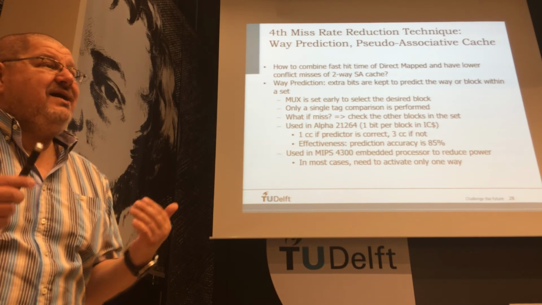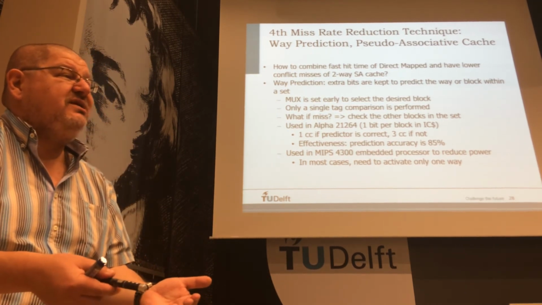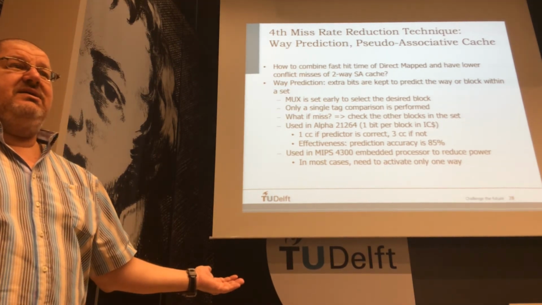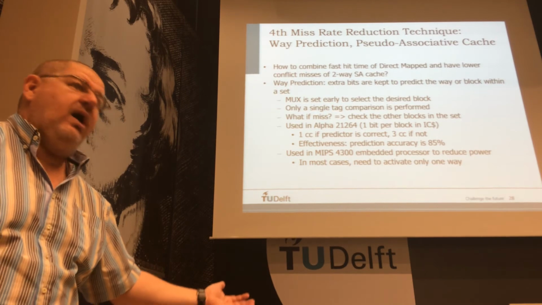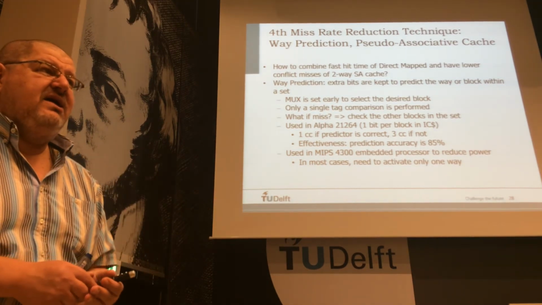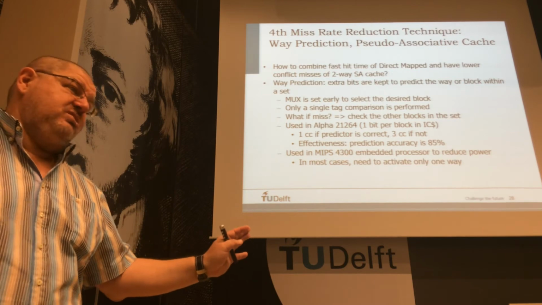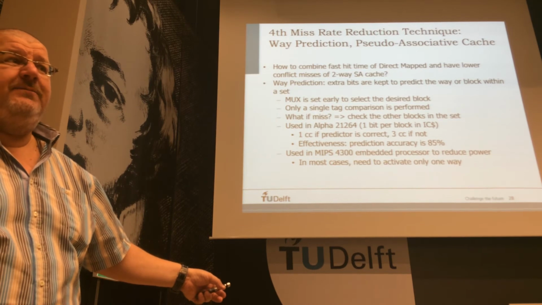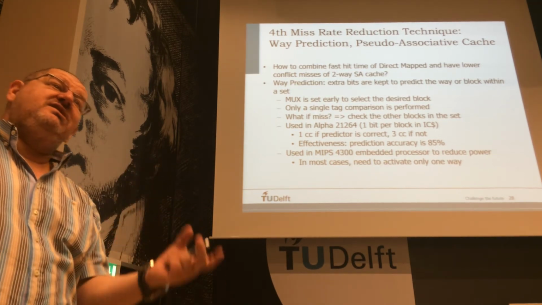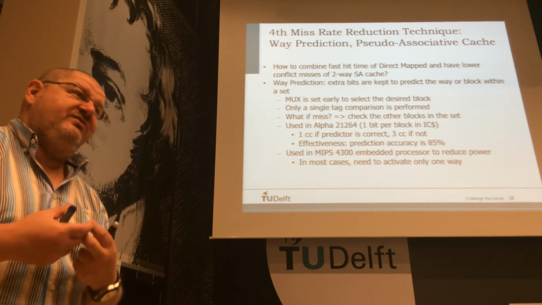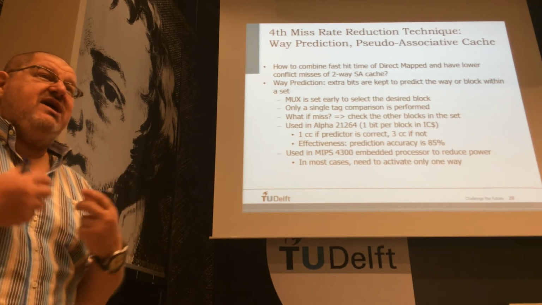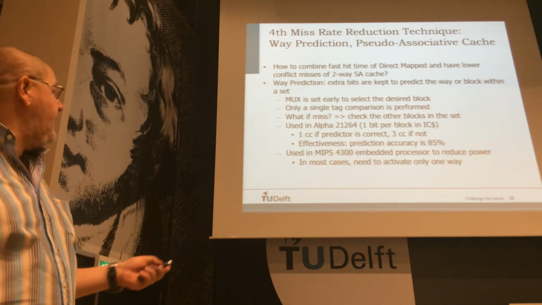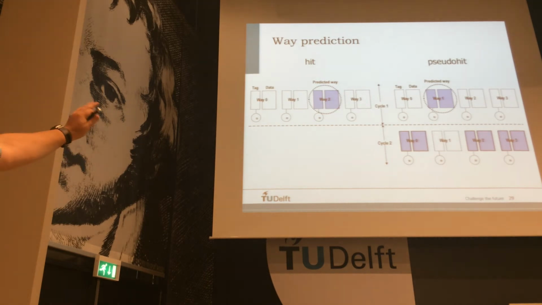If I'm wrong, I will spend an extra cycle in order to determine where else is the information. I may spend 1 or 2 cycles depending on how I design. If I'm correct in my predictions most of the time, as usual, this penalty will be small. And then I will have an associative cache with the benefits of the way associative cache behaving most of the time like a direct map cache. That's the idea of prediction.